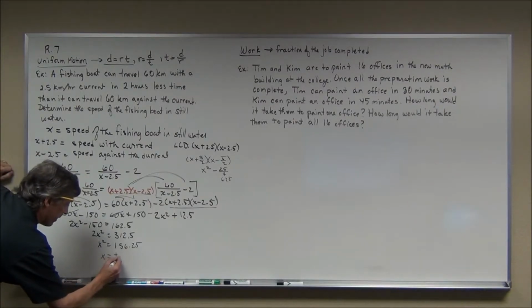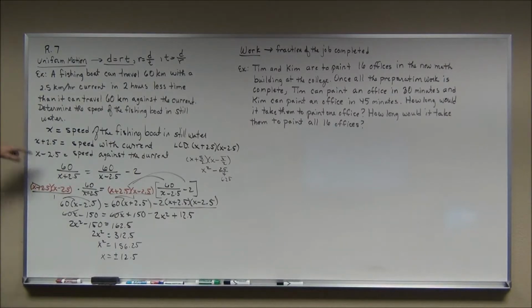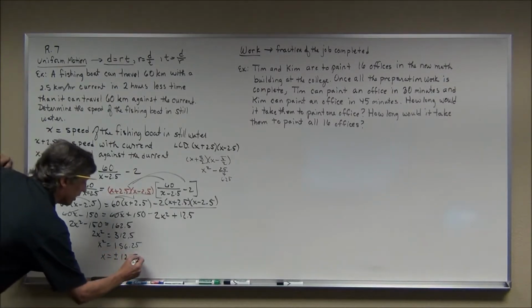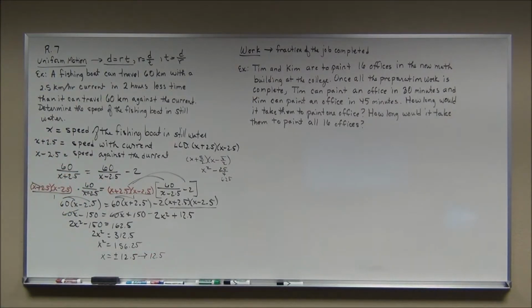Now normally we would pick up the plus or minus here, but since x is representing a speed, it can't be negative, so we're really only looking at 12.5. Now the question says, determine the speed of the fishing boat in still water. Well, that's x. That's 12.5.